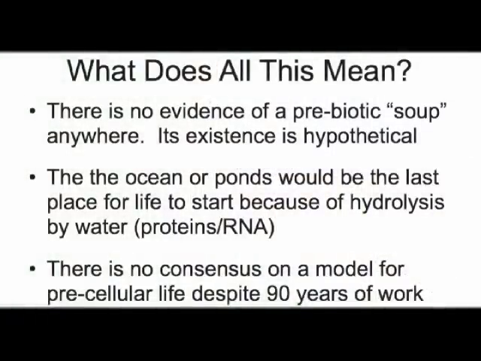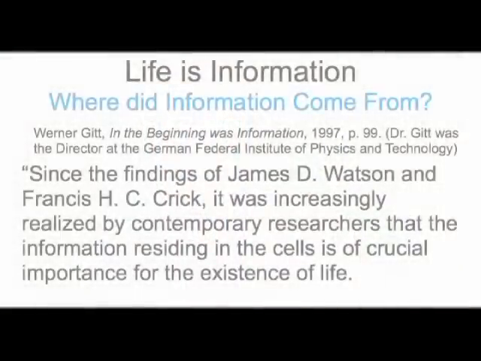And so there's no consensus on a model for precellular life despite 90 years of work. And the question that's always avoided is that question of DNA. Where does all the information come from? Not only do you have to account for the atoms, the elements, the molecules, the polymerization of all the molecules, the persistence of those molecules, the replication of those molecules, all of this, where did the information come from that they carry?